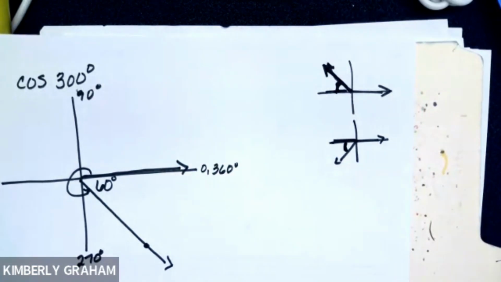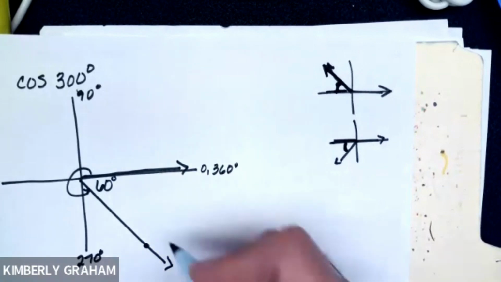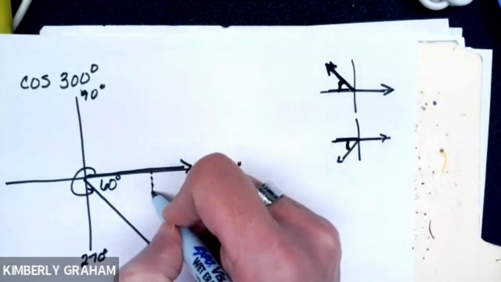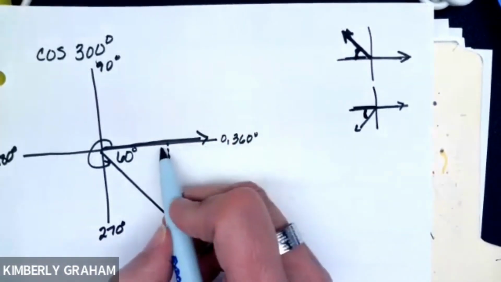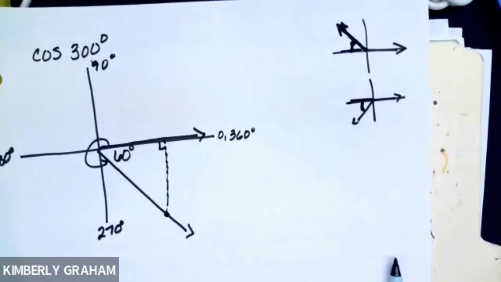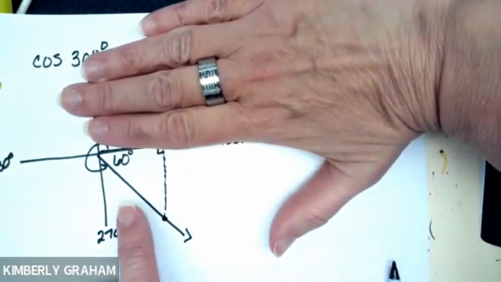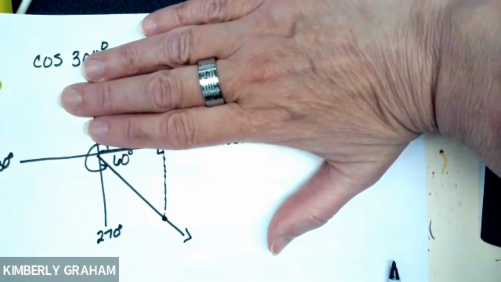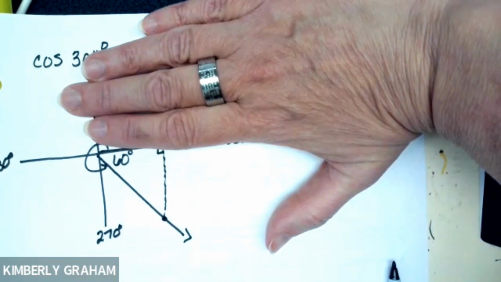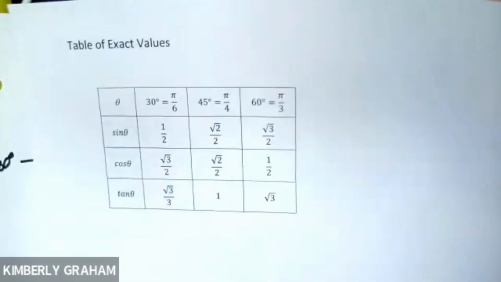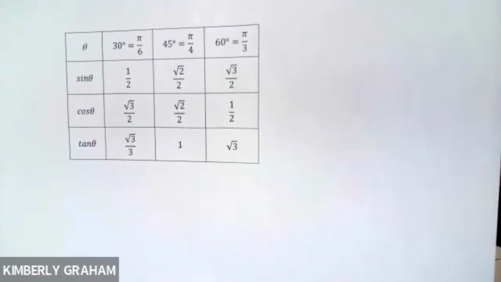Okay. I know that if I were to draw in this perpendicular line here, and I'm just looking at that right triangle, I can find sine, cosine, and tangent of a 60-degree angle. And I can use this chart to do it.